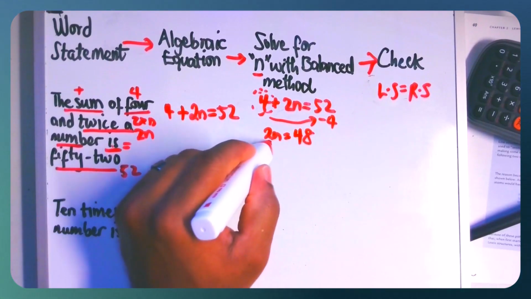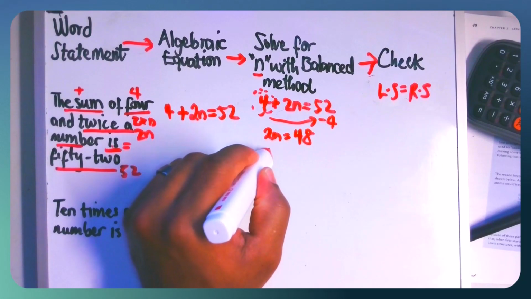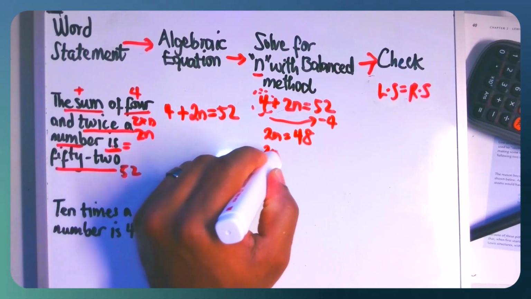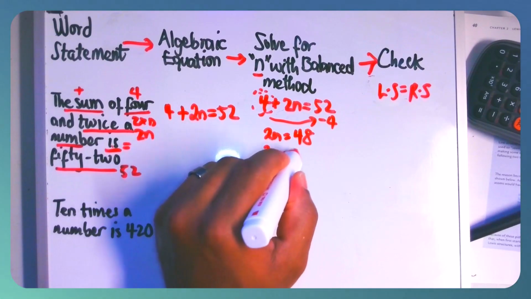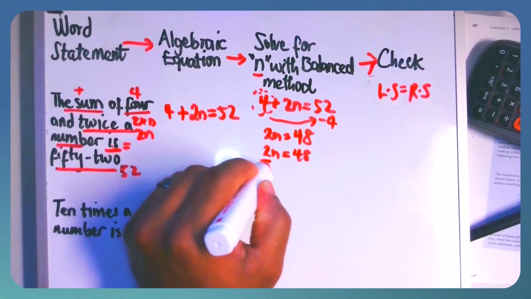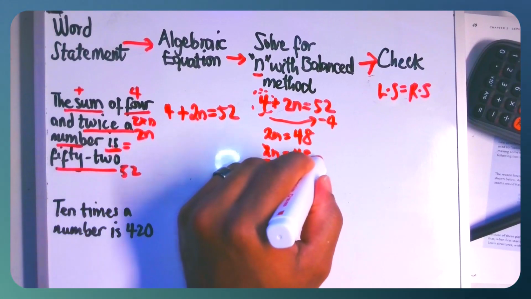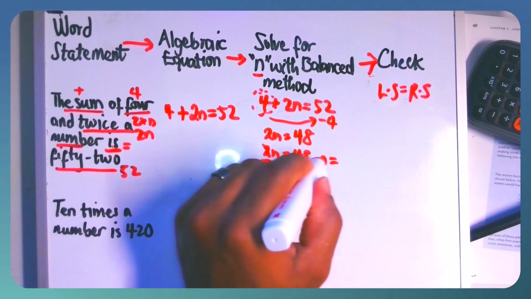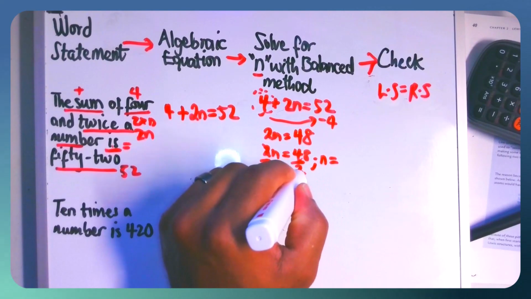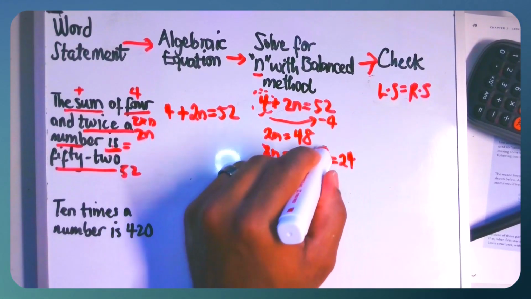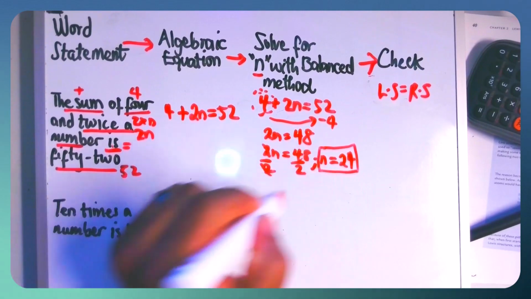And so the next and final step is, because we have 2 multiplied by n, the opposite is division by 2. So therefore, we're going to divide both sides by 2. And here we have 2 divided by 2 gives you 1. And that gives us our n to be equal to what? 48 divided by 2, which gives us 24. And so this here is our value for the n.